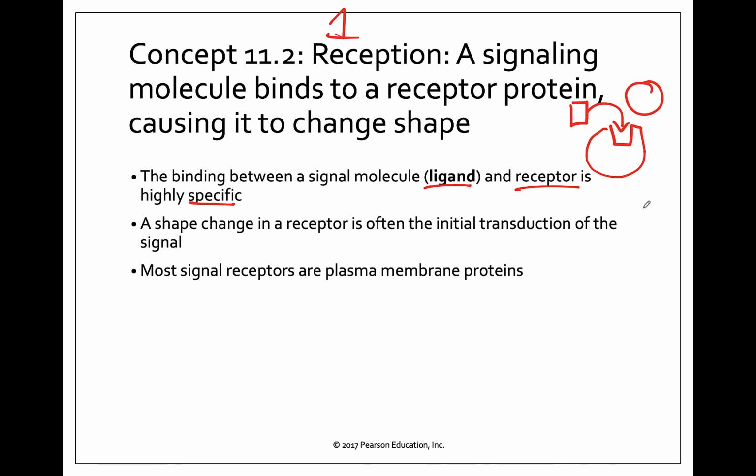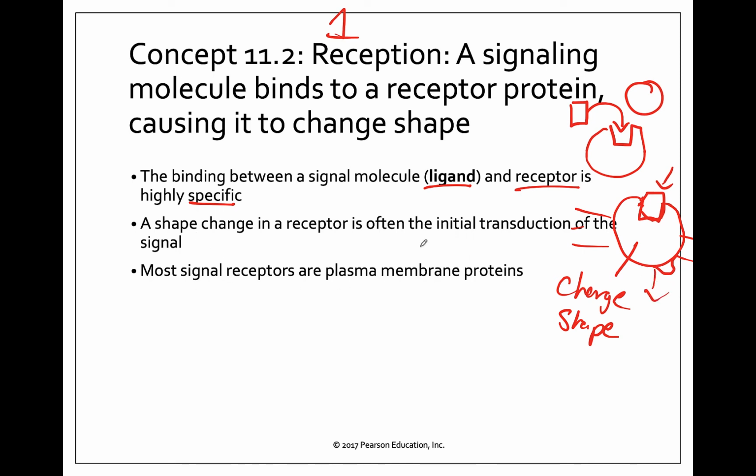When this actually binds into the receptor, oftentimes this receptor is going to change shape. So it might have a bulge that comes out here, or it might just have a slight change of shape on the other side of the cell membrane, which is going to go ahead and kick off the next step.